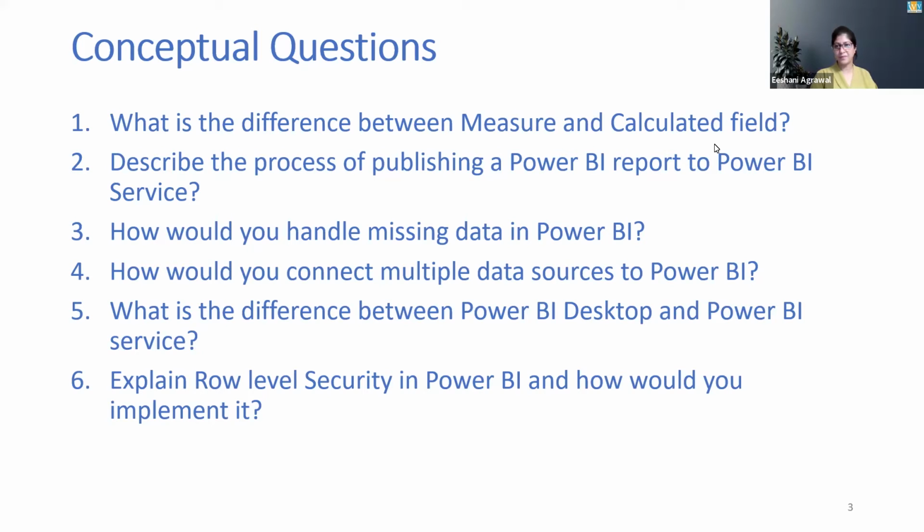Ma'am, may I? Yes. Row level security is when we assign a role. If I want to share something to my colleagues or collaborate, then row level security comes into picture. We have to filter the particular dashboards based on the row level.